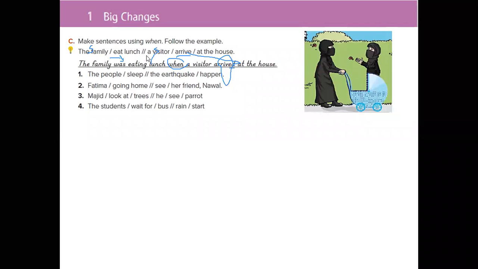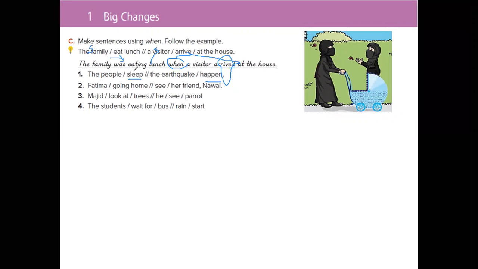Now we will answer the first sentence. The people sleep, the earthquake happened. At first, we should determine where is the verb sleep and where is the second verb happen.